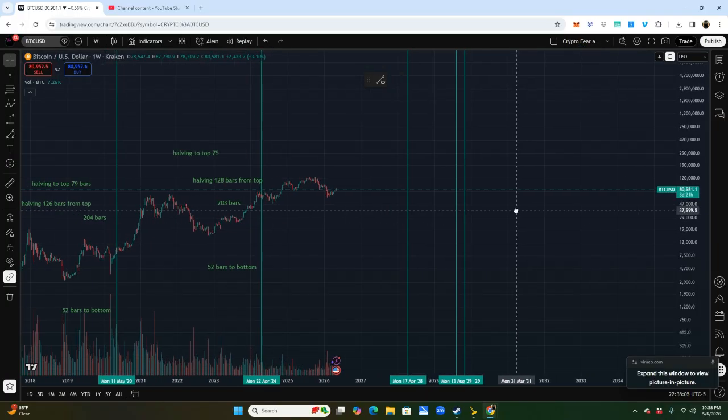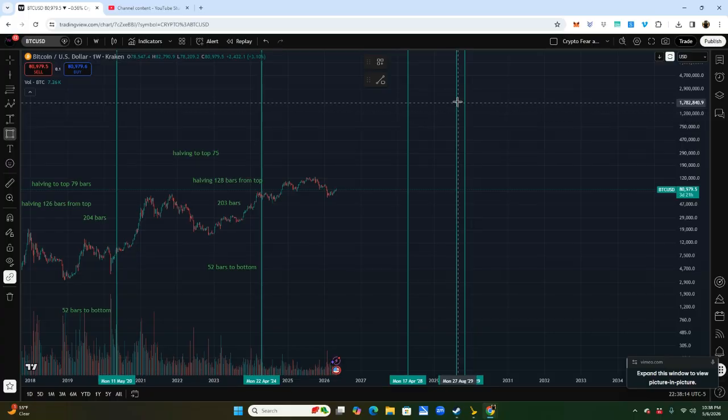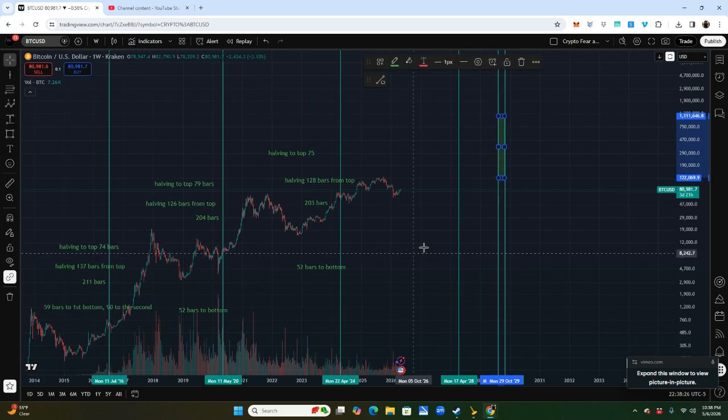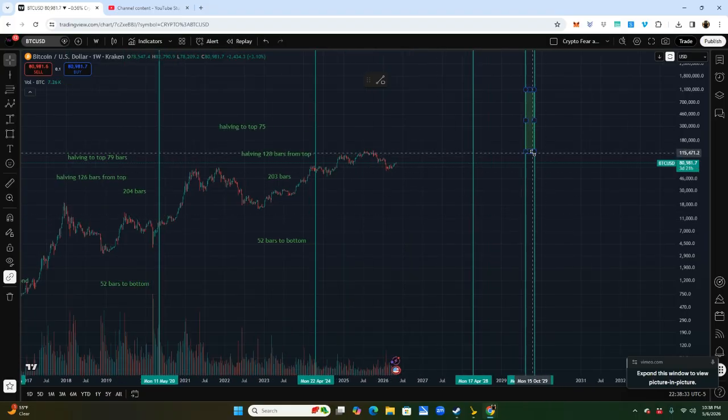So this would be your expected next top range in time. Now, where would the price be? It's probably not going to be that high, but let's just roughly put it here. Obviously it's going to land somewhere within this range. That would be the way to predict the top.